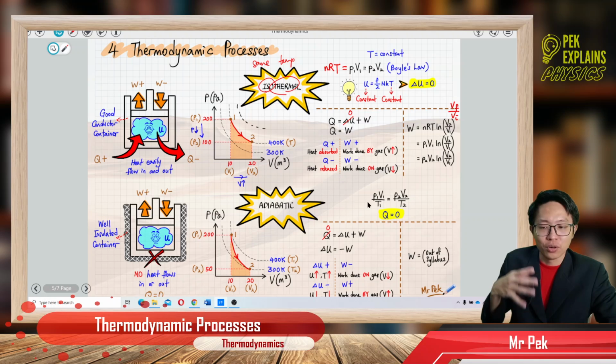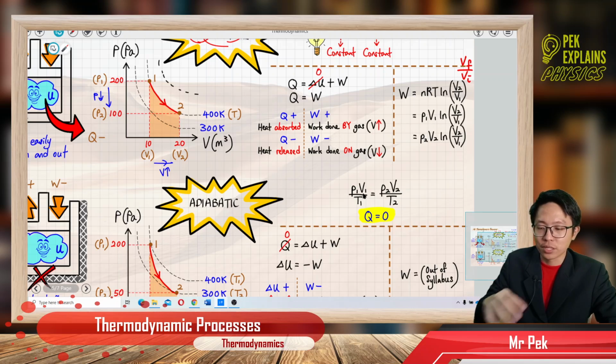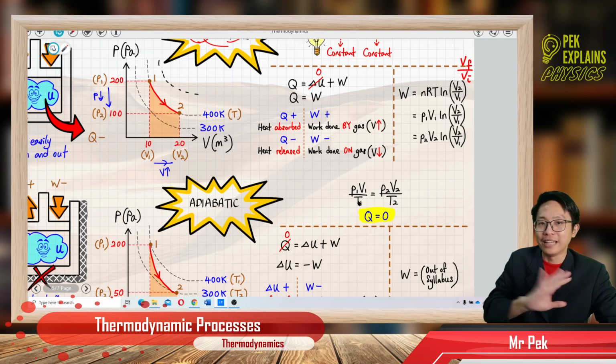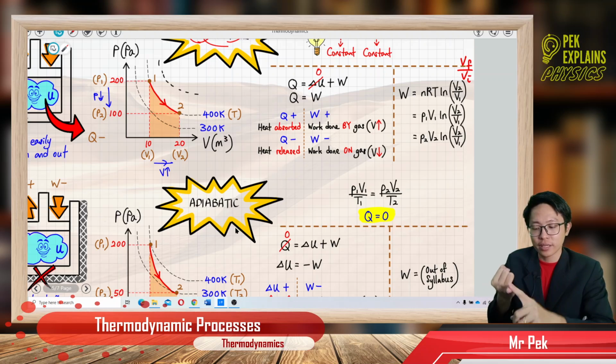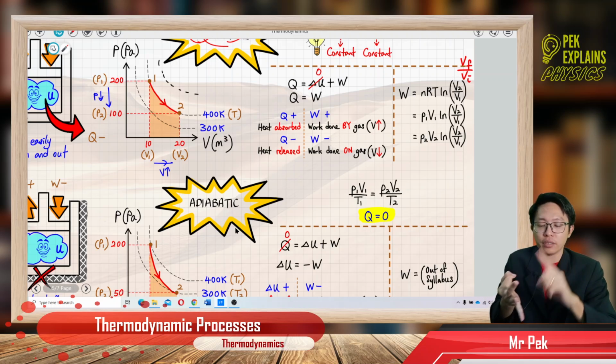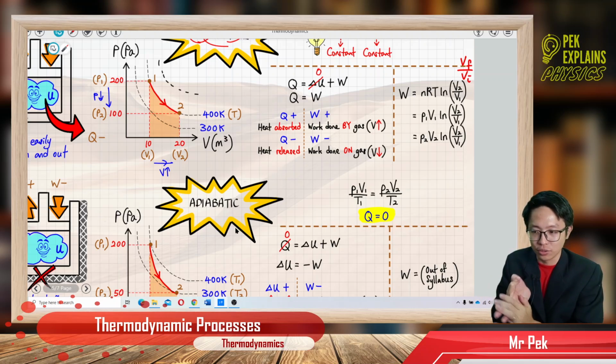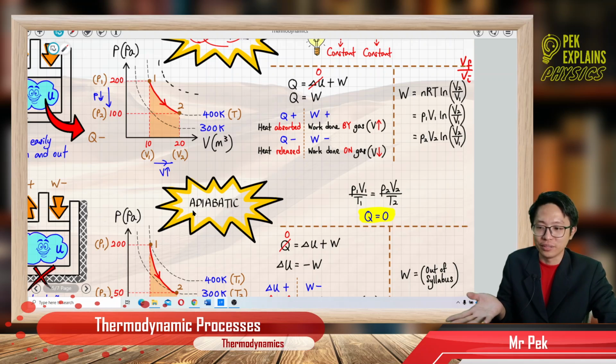That means for this one the pressure, the volume, and the temperature all change. None is constant.